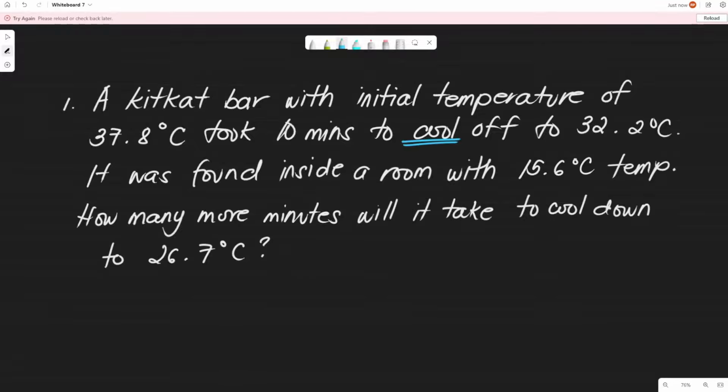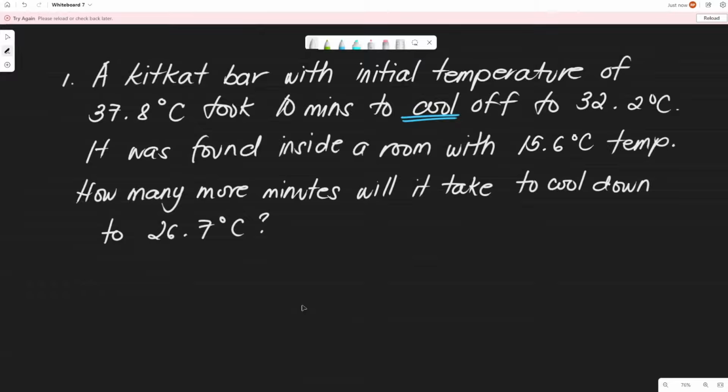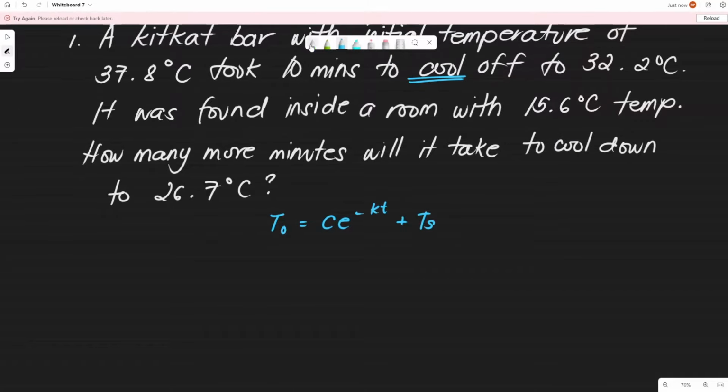We already have our initial states. Sulat ko muna, ano yung working formula natin? This is T sub O is equal to, since cooling to guys, CE raised to negative KT plus TS. Yan yung ating working formula. Ano yung mga hinahanap or kailangan natin?